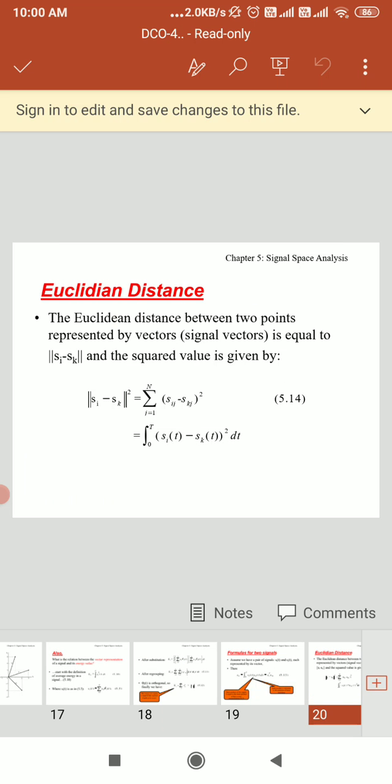The Euclidean distance between 2 points represented by vectors is Si minus Sk, and its squared value, the double modulus of Si minus Sk squared, equals the integration from 0 to T of Si of t minus Sk of t squared dt.